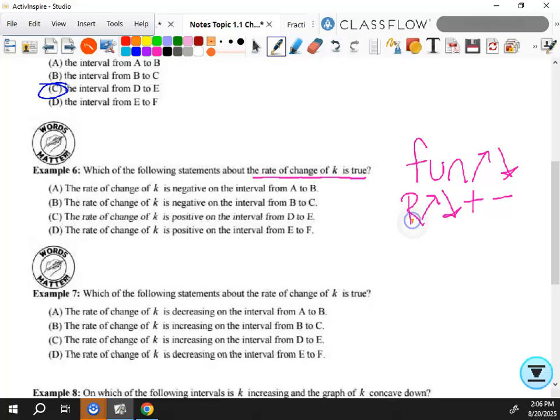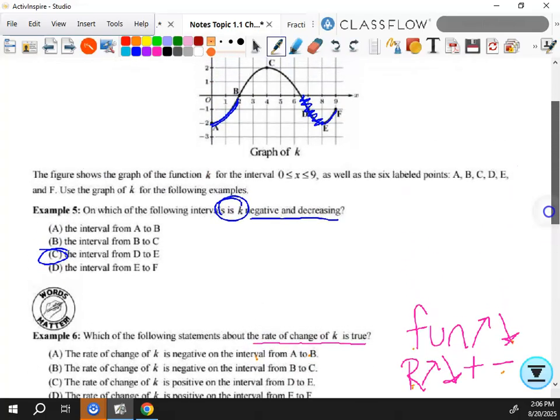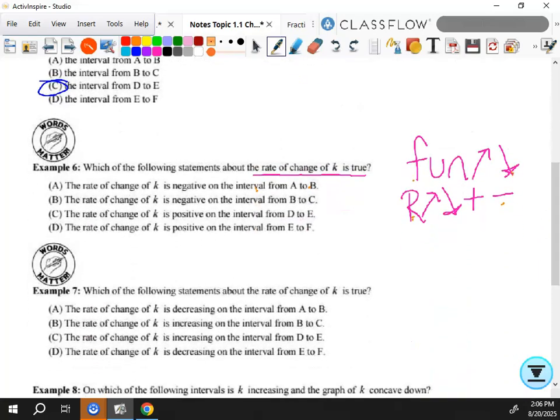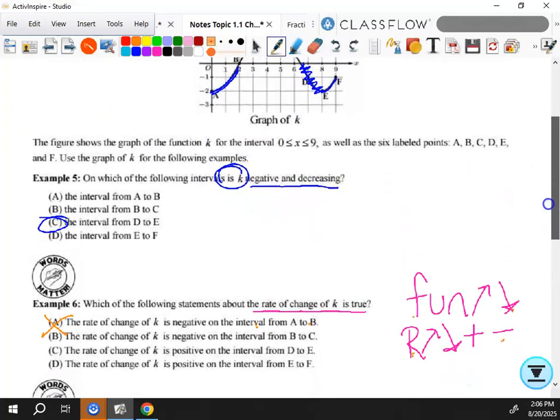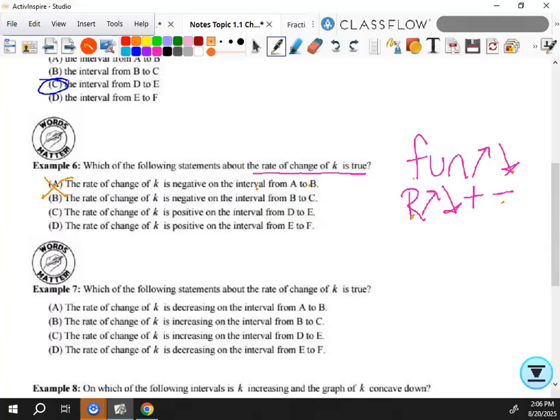So if the rate of change is negative, the function is decreasing. So if the rate of change is supposed to be negative here, then the function should be decreasing from A to B. Are we decreasing from A to B? No, so I don't like A. And same thing, negative, so the function should be decreasing from B to C. Are we decreasing from B to C? No, the function itself is not.